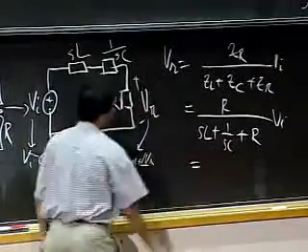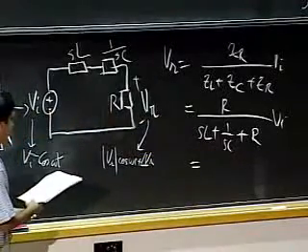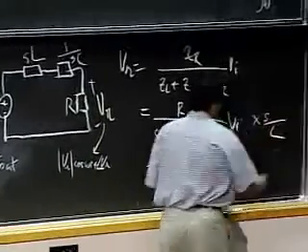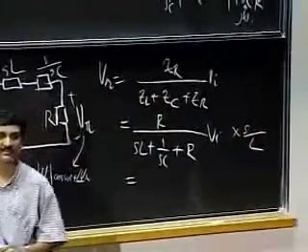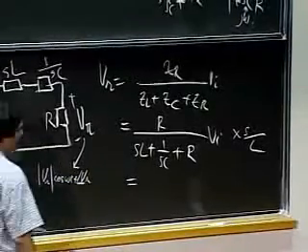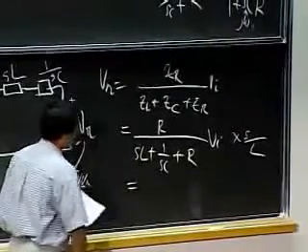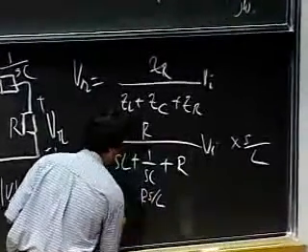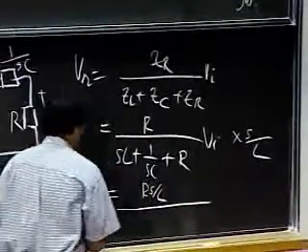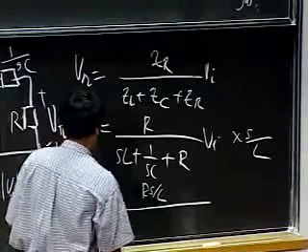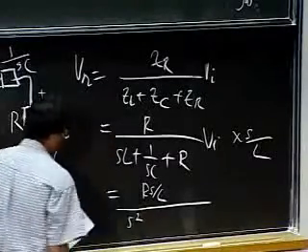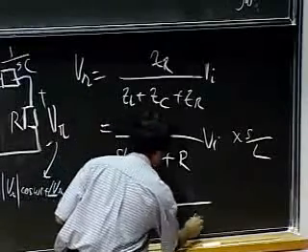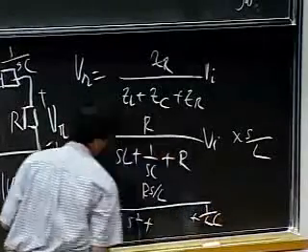Okay? And I multiply through by, in this particular situation, by SL, S divided by L. I want to get it in the same form as you've seen before. Multiply throughout, in the numerator and denominator, by SL. What do I get? I get RS divided by L. And out here, I end up getting S squared plus 1 by LC.